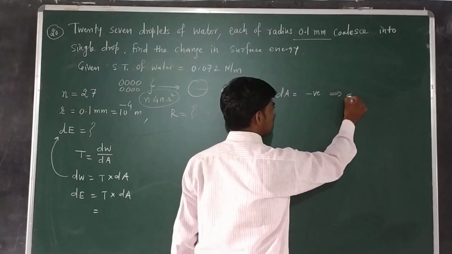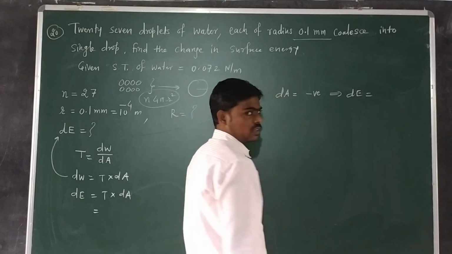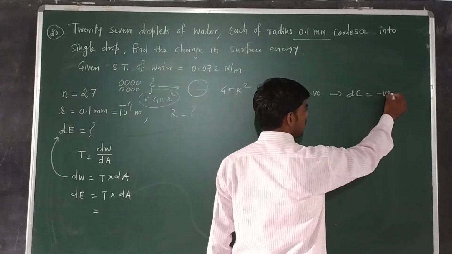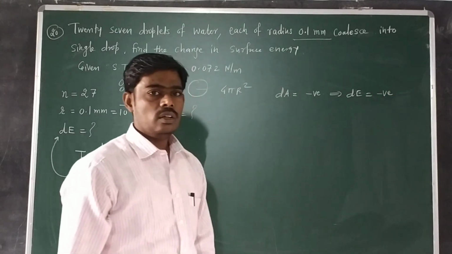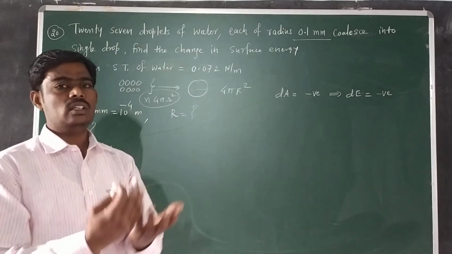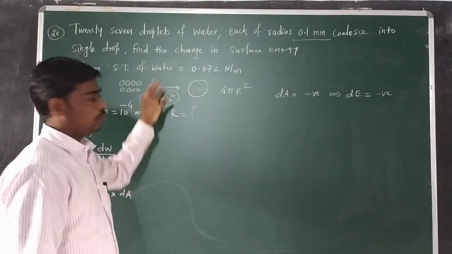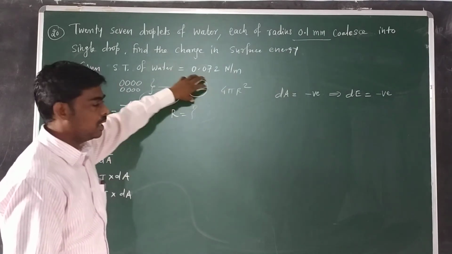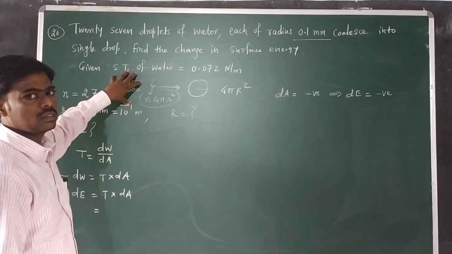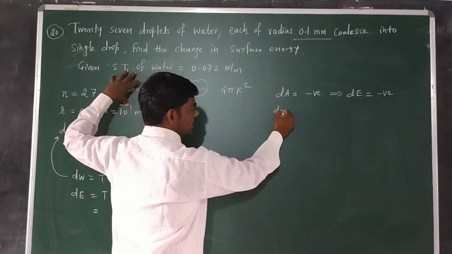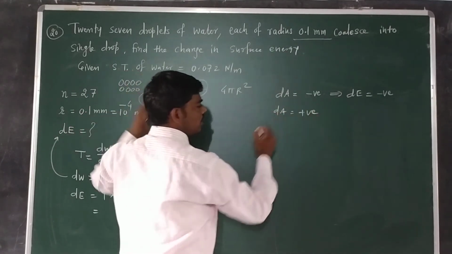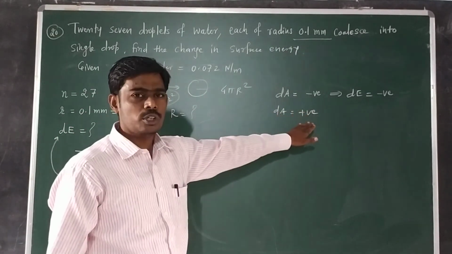That means we can say that the surface energy is negative here, and it represents that energy will be liberated in this process. If the reverse of this happens, a big drop splits into n number of droplets, dA will become positive.